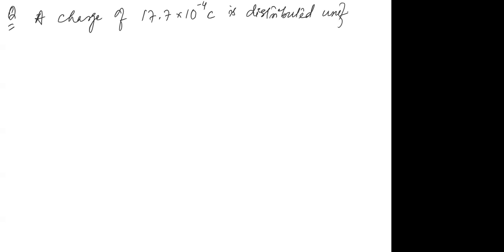The next question is, I'm writing the question on the screen. Please go through it. A charge of 17.7 into 10 to the power minus 4 coulomb is distributed uniformly over a large sheet of area 200 meter square.